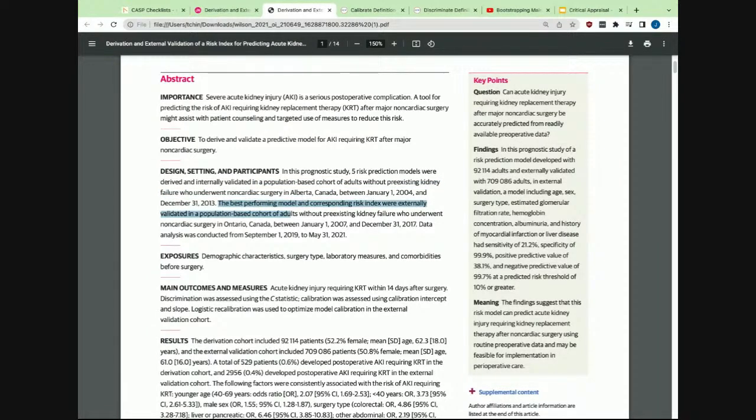So first they had 5 models, and then they chose the best one, and they externally validated it. Even at this point, you can tell this is going to be a good study, because first they use 5 different types of methods, then they derive them, and then they tested internally, and then just to make sure it works in other populations, they validated it in a different population. Now the next one is the exposure.